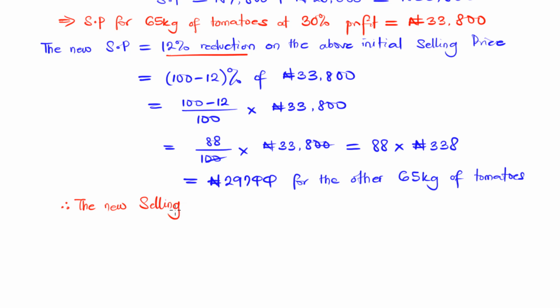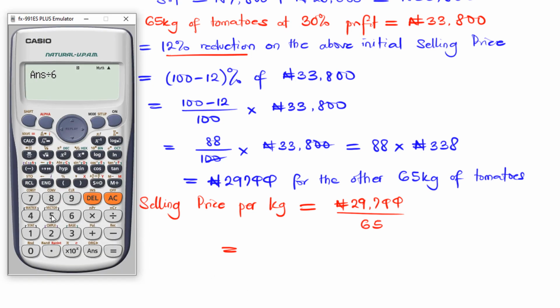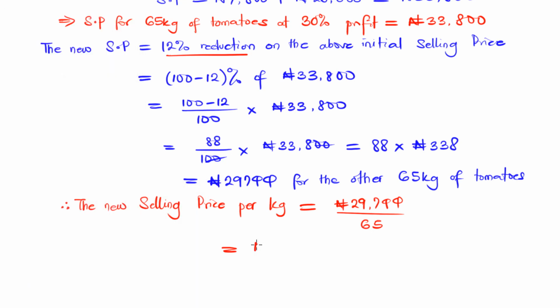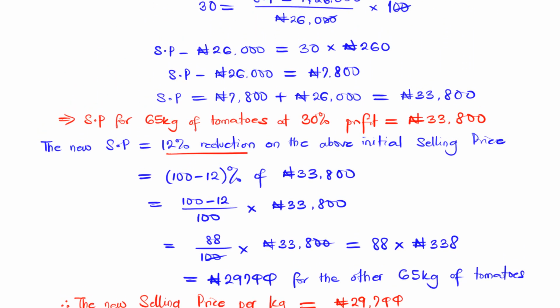The new selling price per kilogram will be this amount divided by 65. That will be 29,744 naira over 65, because this is the amount for 65 kilograms. So each kilogram will be that amount divided by 65, and that will give us 457 naira 60 kobo.